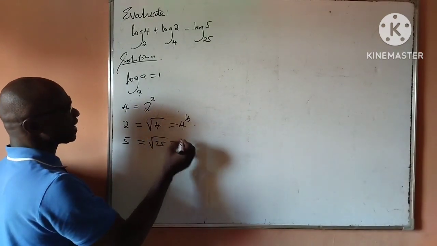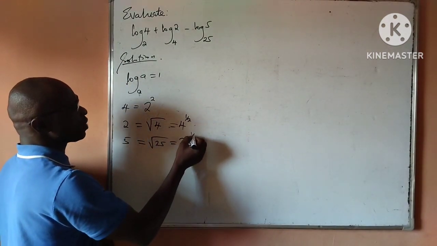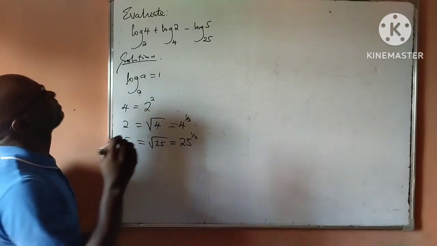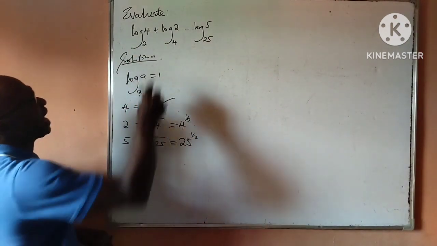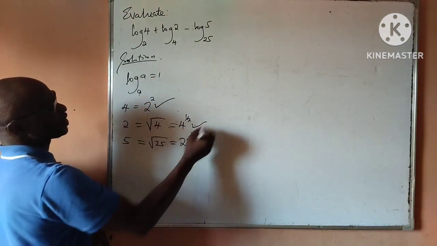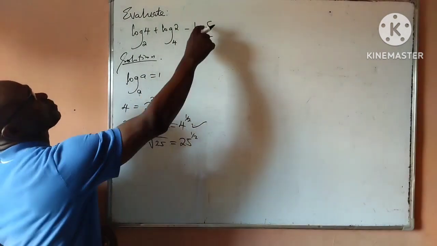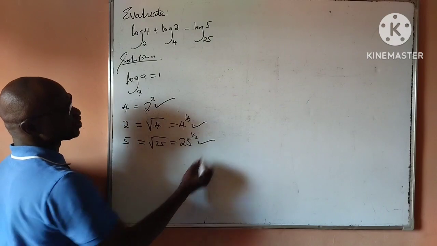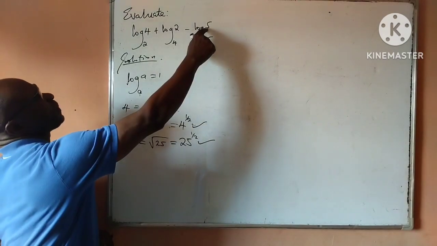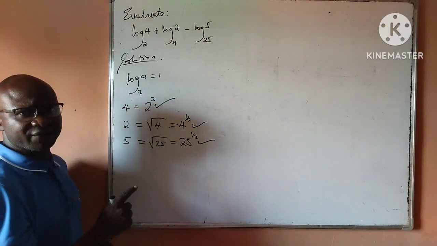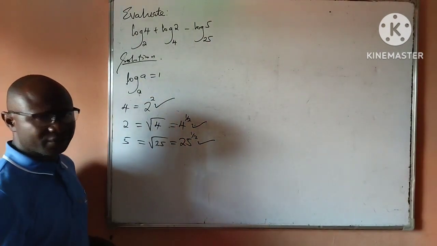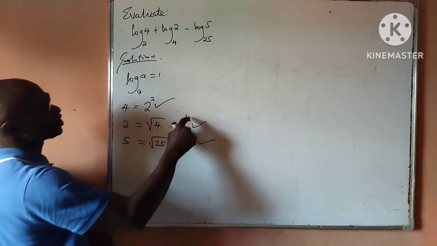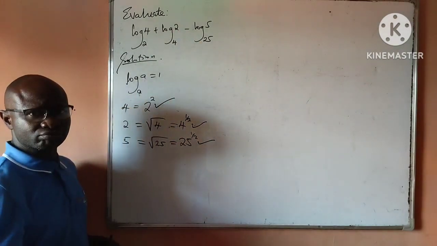And the square root of 25 can also be written as 25 raised to the power 1 over 2. I am now going to replace this 4 with the 2 raised to the power 2. I will replace this 2 with the 4 raised to the power half. And I will replace this 5 with the 25 raised to the power half. Sorry, 25 raised to the power half is the same thing as 5. And also 4 raised to the power half is the same thing as 2.